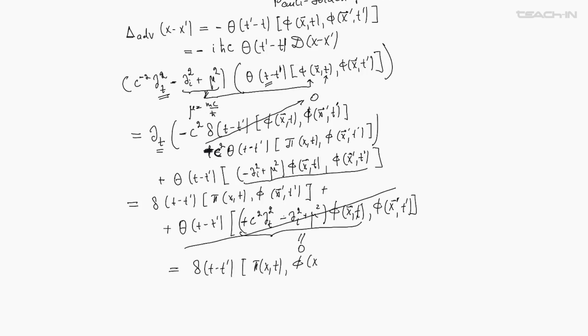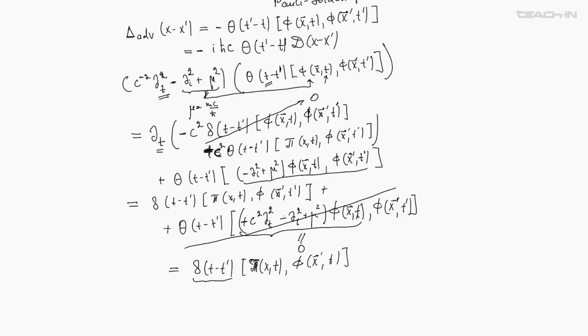And this is something which we can easily compute, because due to the delta function here, the time argument t prime can be replaced by t. So I can just drop the prime here. So this is an equal-time commutator between the momentum of the field and the field itself.